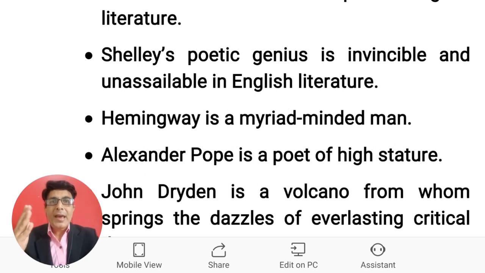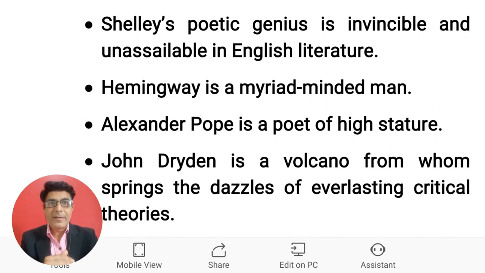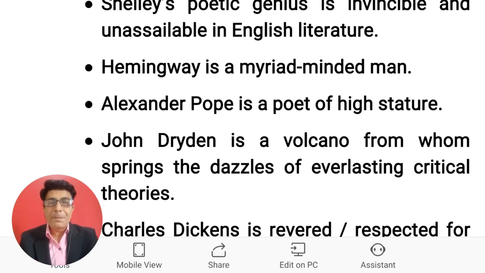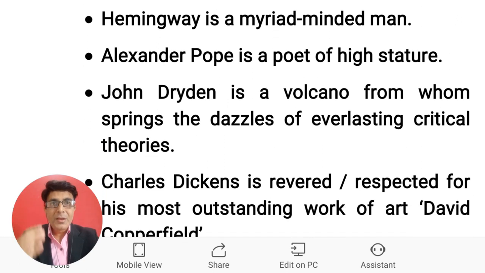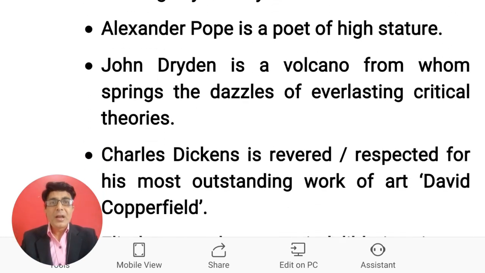You can say Hemingway is a myriad-minded man, right? Alexander Pope is a poet of high stature. John Dryden is a volcano from whom spring the dazzles of everlasting critical theories. Right? Such sentences impress the examiners.